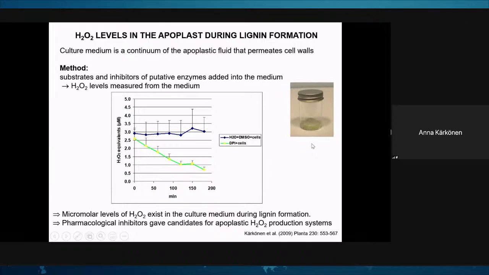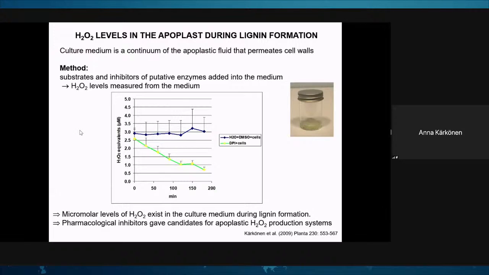And in these experiments, I initiated small-scale liquid cultures, and then I measured the hydrogen peroxide levels in the culture medium by xylenol orange assay. It's an easy spectrophotometric assay. I can see that there exist micromolar levels of hydrogen peroxide, about 3 micromolar, in the culture medium during lignin formation.